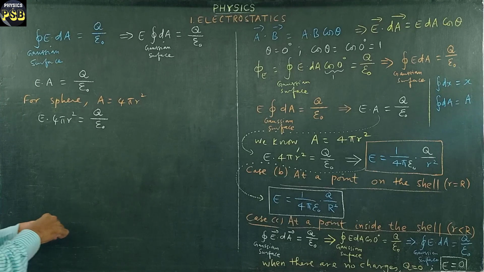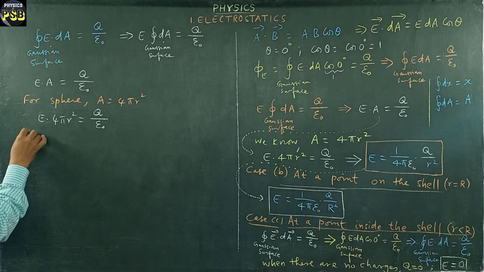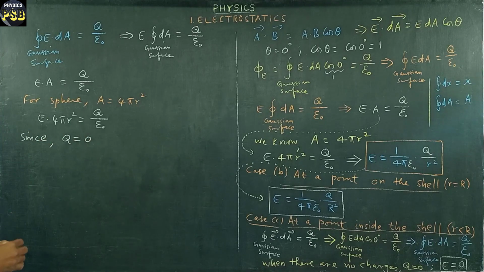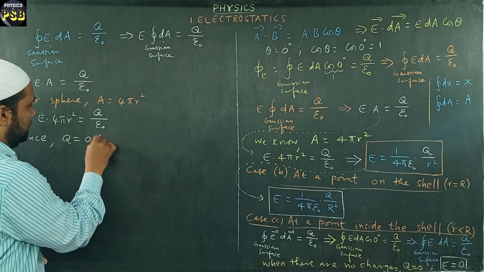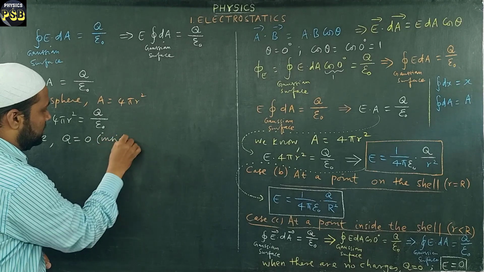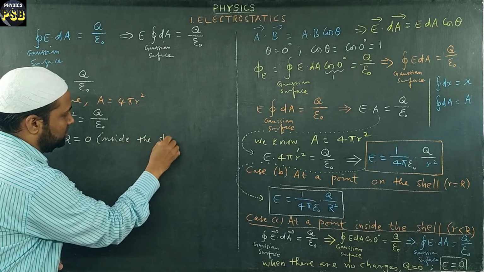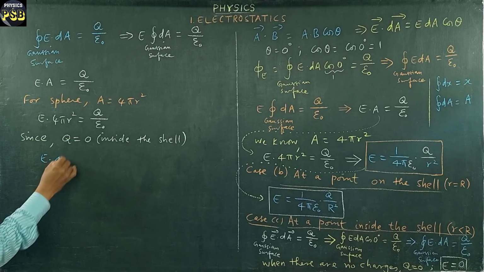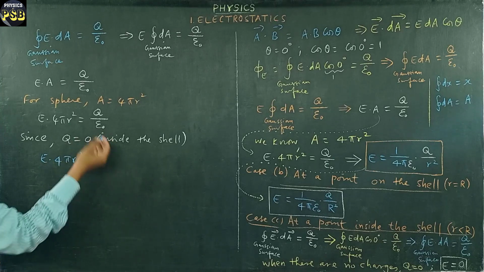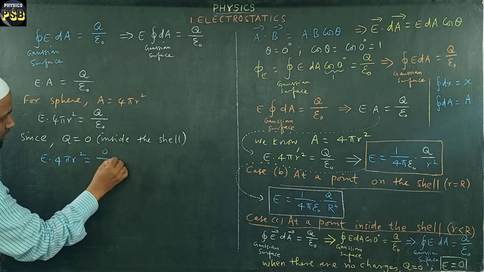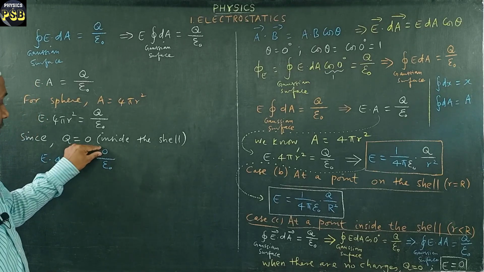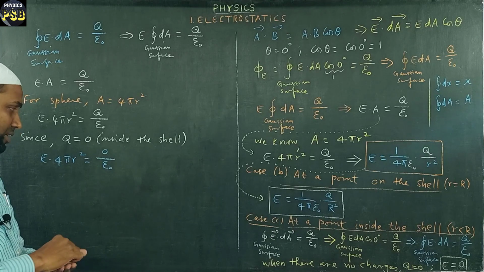So Q is equal to 0 inside the shell, so I write it this manner: E into 4 pi r square equals 0 upon epsilon naught. We know when 0 is divided by something, the value obtained is nothing but 0.